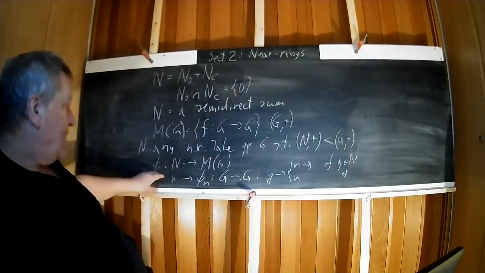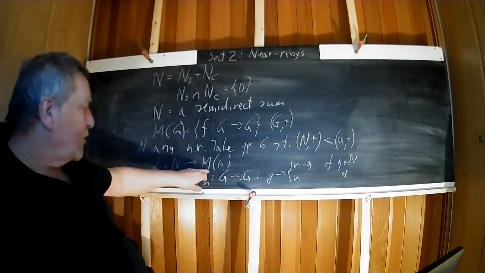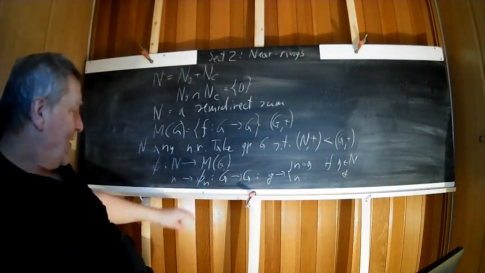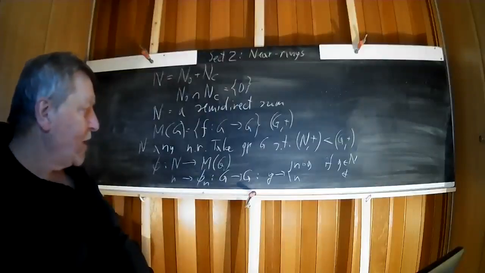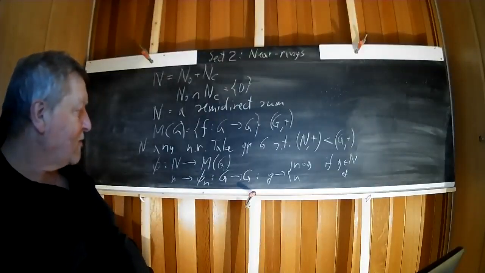So we see that we have a map from N into M of G. Phi sub n actually is a map from G into G, constructed in this way.